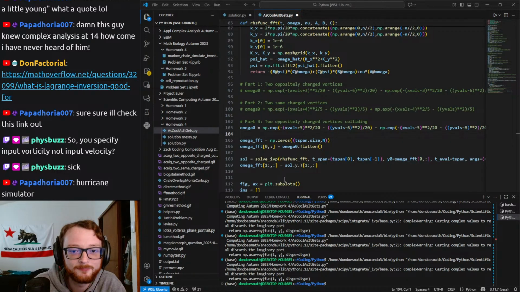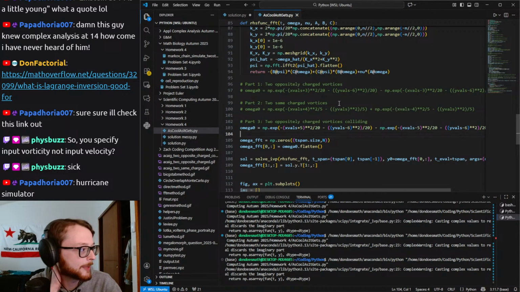What did this one look like again? I already forgot. I'm wondering if I should just increase the amount of time that I simulate it for.